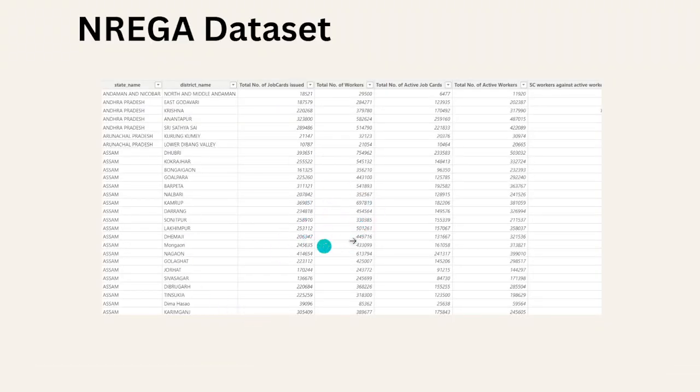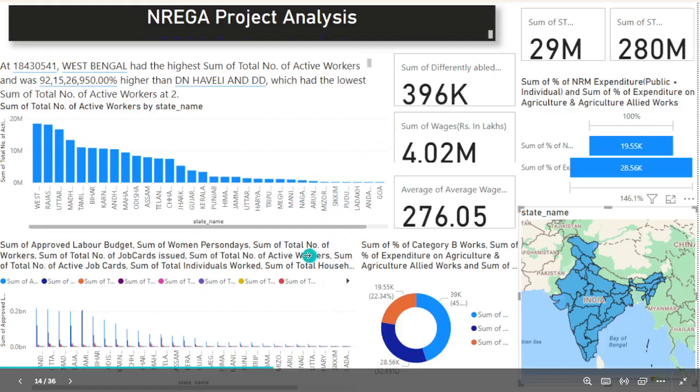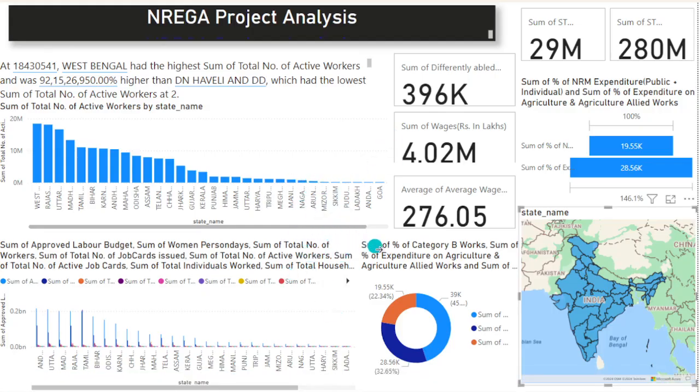We are implementing the project using Power BI. This is the dashboard developed using this dataset. I'll explain each and every part here.